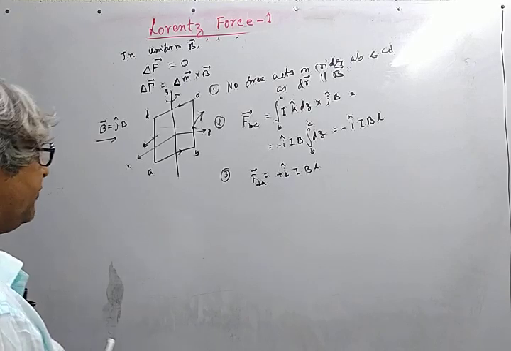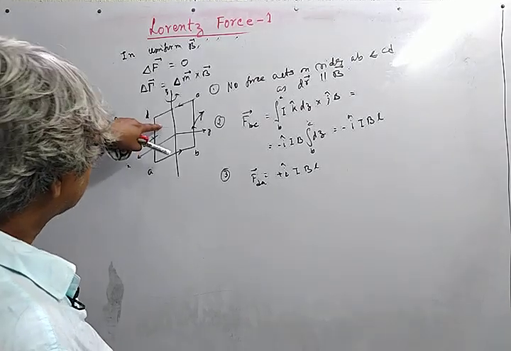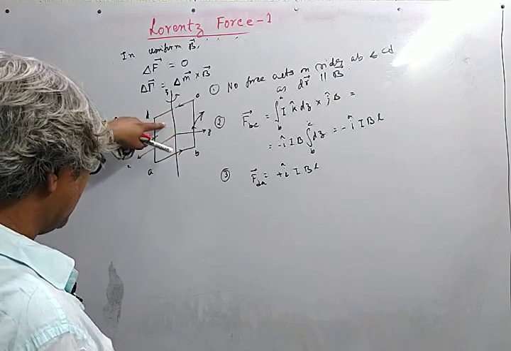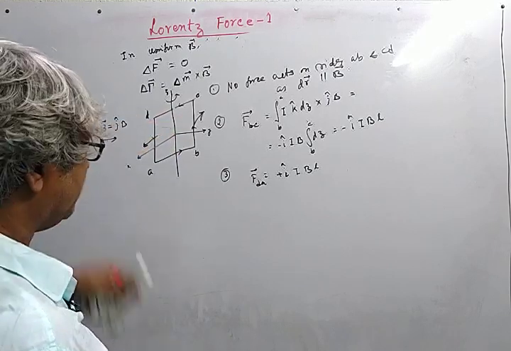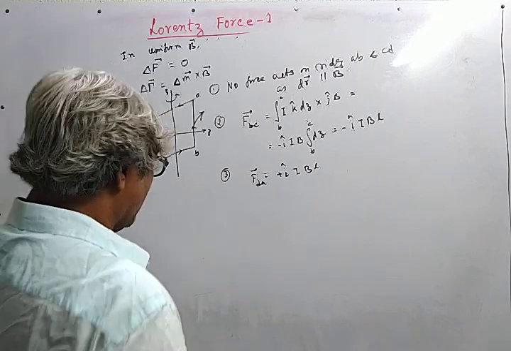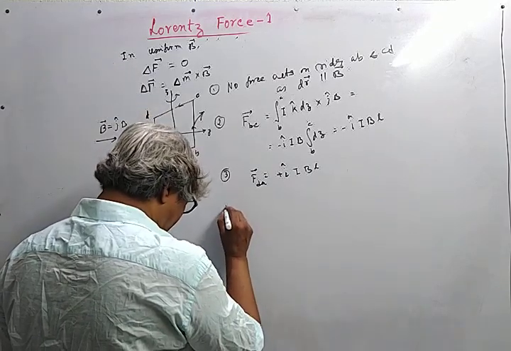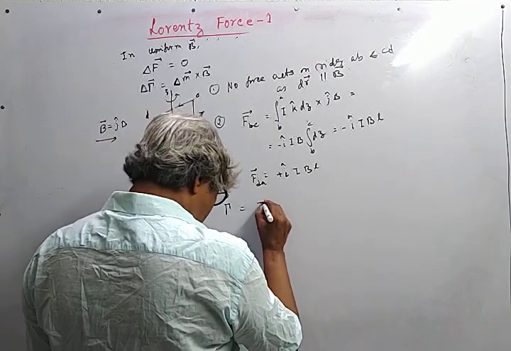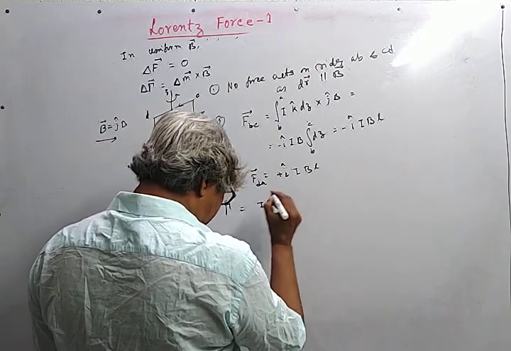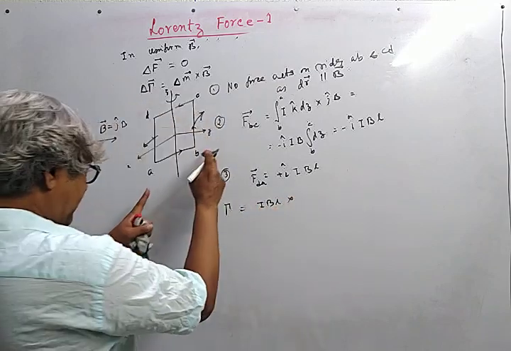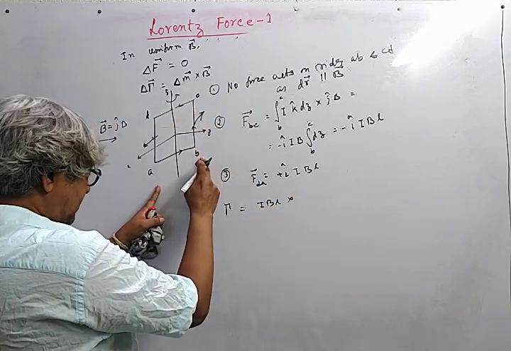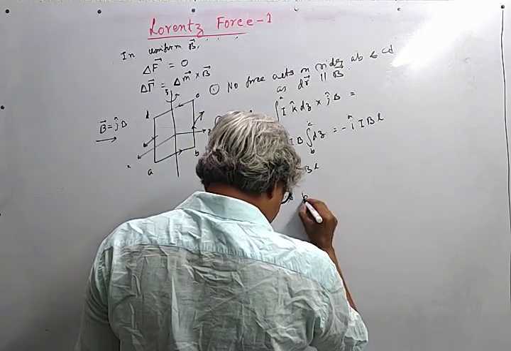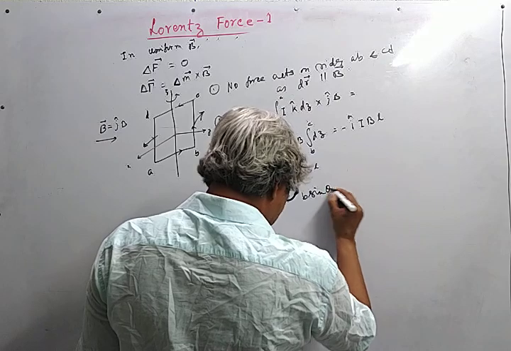If the plane of the rectangular coil makes an angle theta with the direction of B, then the torque that acts on it is IBL, the magnitude of force, times the separation b sine theta.